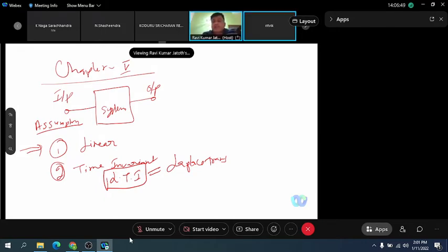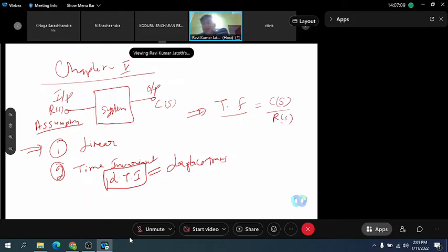So the model which we did up to now is using what? Transfer function. So transfer function is what? Laplace transform of output by Laplace transform of input. Right. But all real-time systems are linear time varying systems.